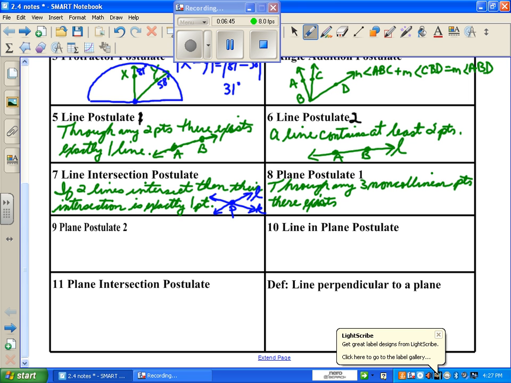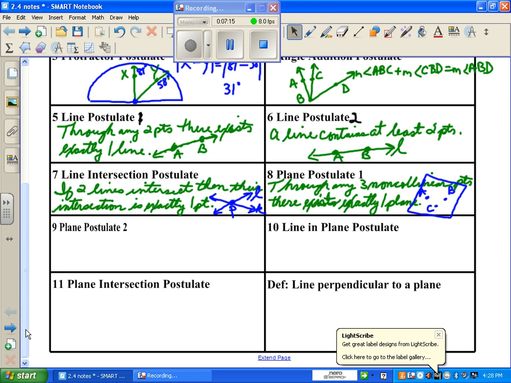Alright, to draw a picture of that, starting with the points, capital A, capital B, capital C, they're non-collinear. So through any 3 non-collinear points, you can get exactly 1 plane.